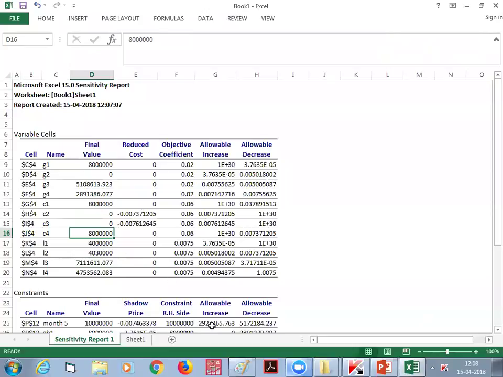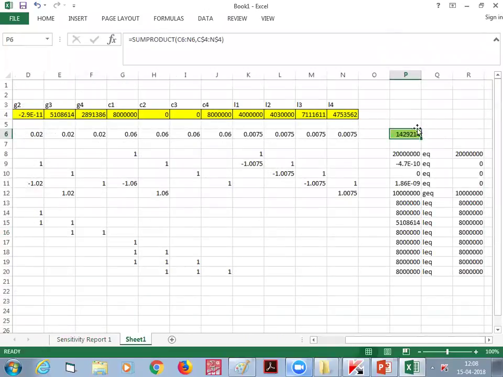And so our total interest earned is how much? 1.43 million. Oh, pretty good. Yeah, on average 5%. So over 4 months we got 1.43 million interest.